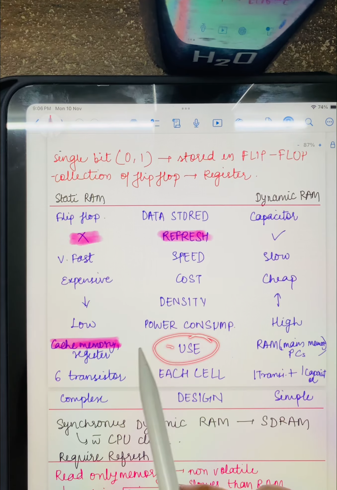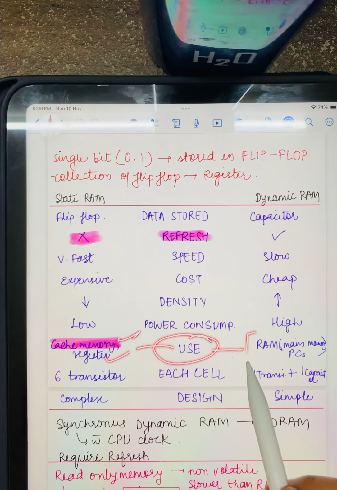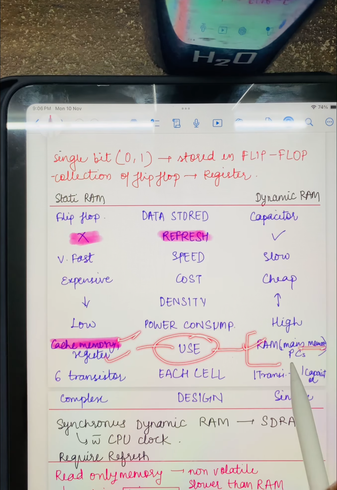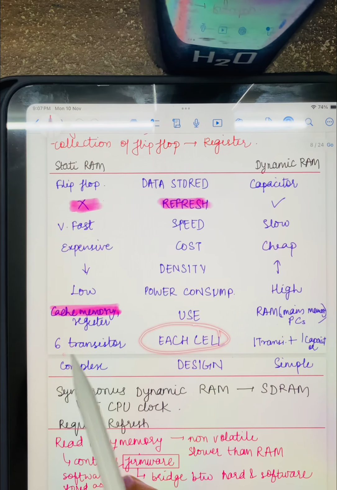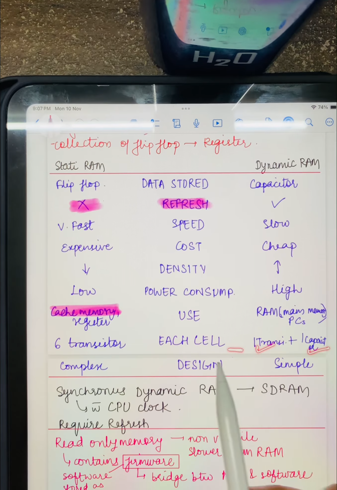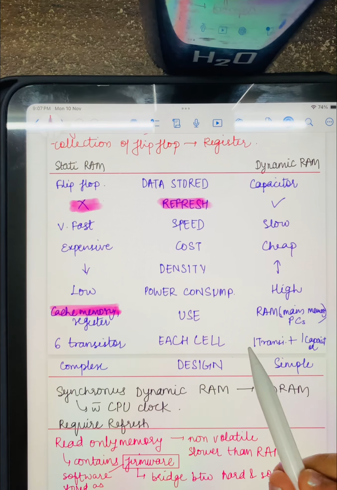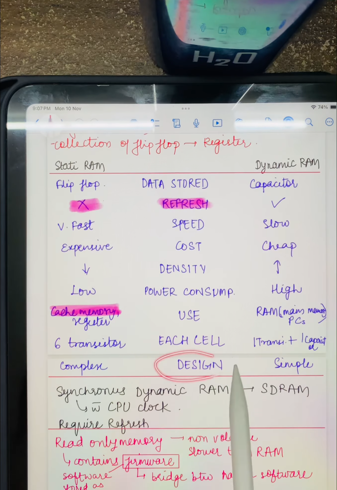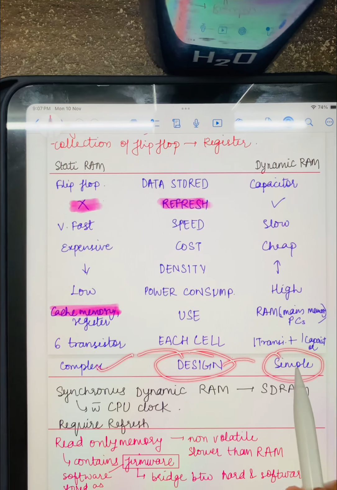Use: static RAM is used in cache memory and registers, and dynamic RAM is used as main memory in PCs. Each cell: static RAM has 6 transistors and dynamic RAM has 1 transistor and 1 capacitor. Remember this. And about the design: static RAM has a complex design and dynamic RAM has a simple design.